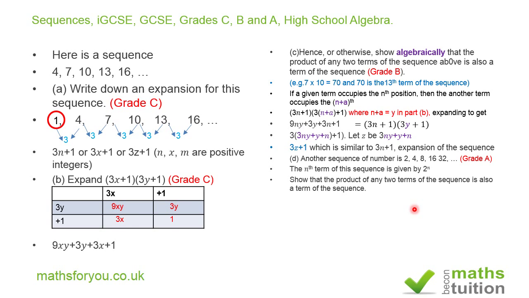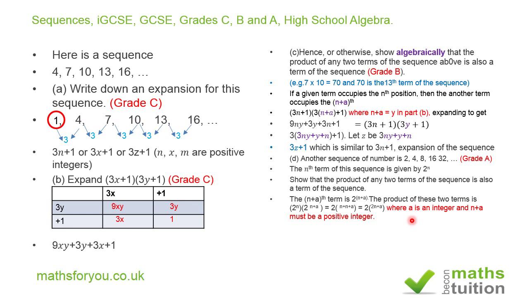So again, looking at two terms, the term that occupies the nth position and the term that occupies the n plus a position there. If we then multiply two of them, 2 to the power n multiplied by 2 to the power n plus a, because we're multiplying using indices, the answer becomes 2 to the power n plus n plus a, which is 2 to the power 2n plus a. Now n is an integer, and n plus a must be a positive integer as well.